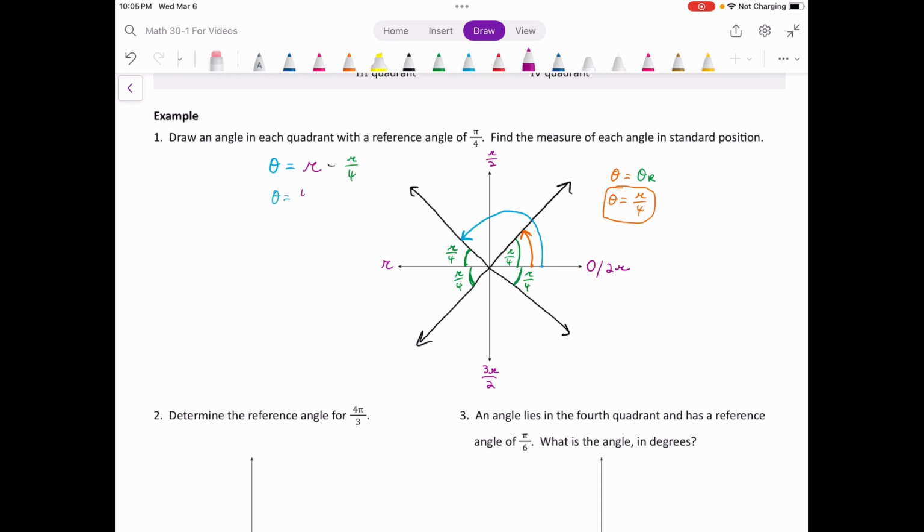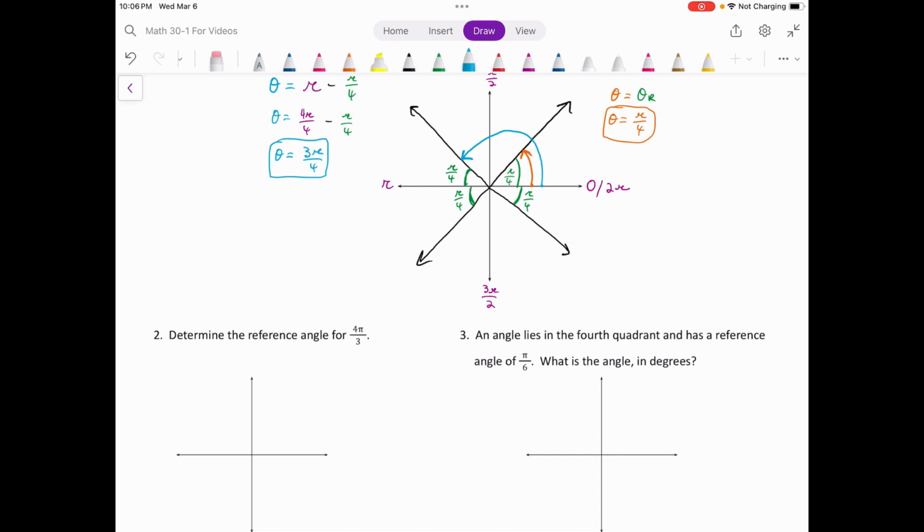Pi is 4 pi over 4, minus pi over 4, showing us that this angle is 3 pi over 4, 3/4 of the way to pi, or 180 degrees. Makes sense. We stopped 1/4 short of getting a full pi, so we're 3/4 of the way to pi. So that is our angle in quadrant 2.